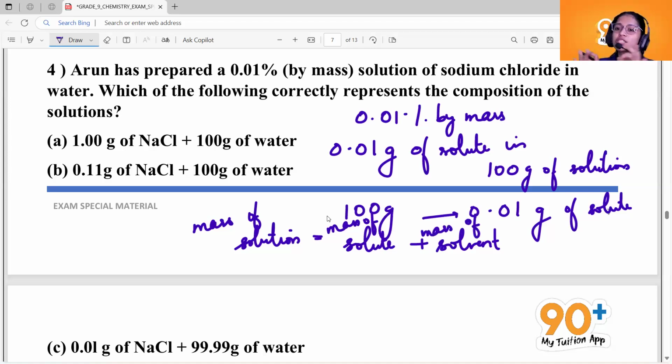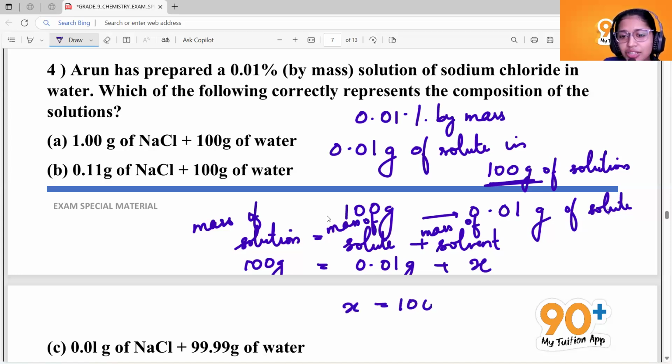Since in the option only mass of solvent is given, only mass of water is given, mass of solution is not given. So we need to find out what the mass of solvent is. So mass of solution, we know it is 100 gram. Mass of solute, we know it is 0.01 gram. And we have to find out mass of solvent. Let's take that to be equal to x. So x is equal to 100 minus 0.01.